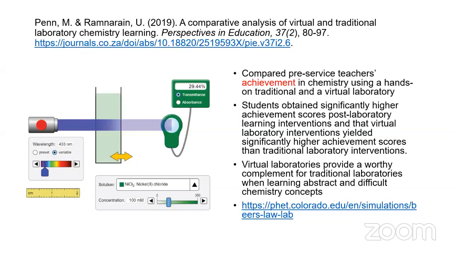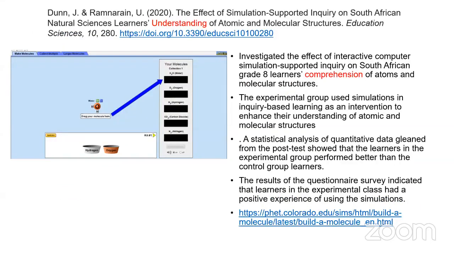The final study, which I will now share with you, involved learners at school, grade 8 learners. The purpose of this was to investigate the effect of interactive computer simulation supported inquiry on their understanding of atoms and molecular structures. So this again focused on chemistry learning.